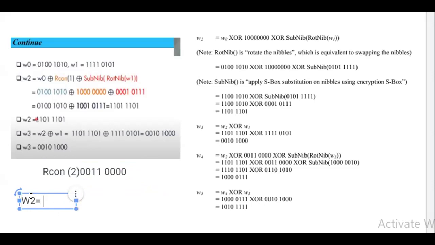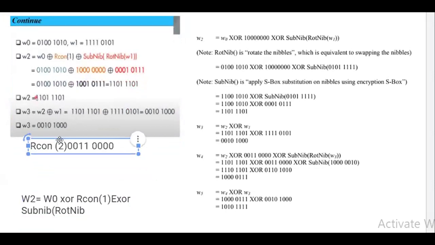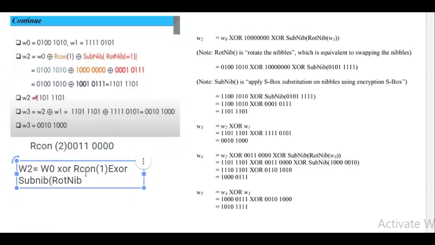What W2 is: W0 XOR round constant 1, then XOR substitute nibble, rotate nibble, W1, right?